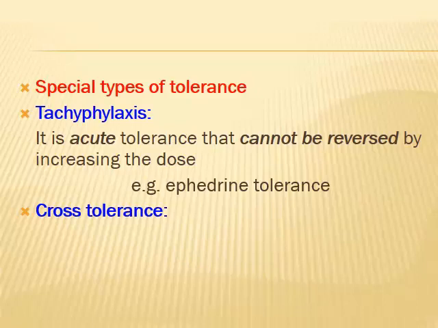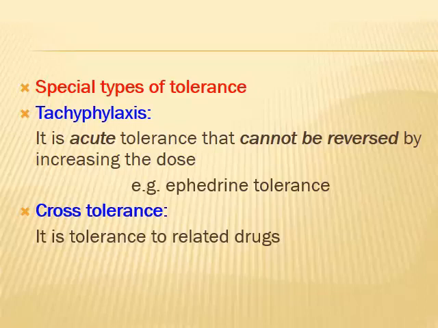As regards cross-tolerance, it occurs to multiple drugs at the same time. These drugs usually act by the same mechanism. That is, these drugs are related to each other in chemical structure, so that they act by targeting the same receptor, or cellular component. If there is a problem with their target, all these drugs will stop to act.